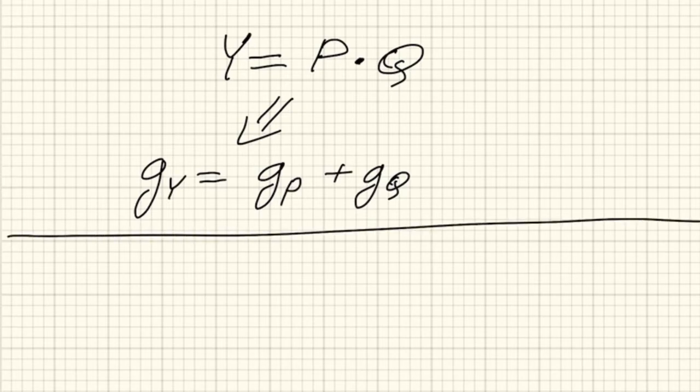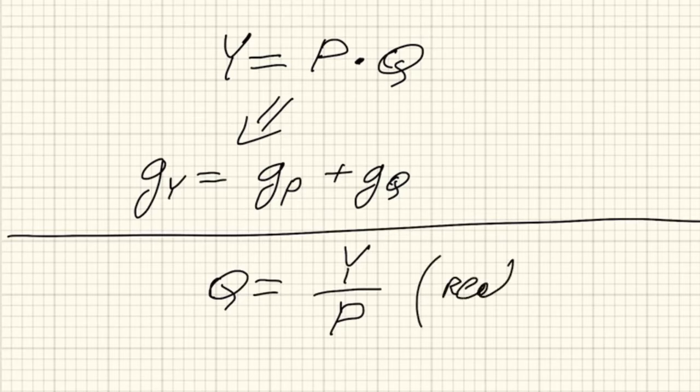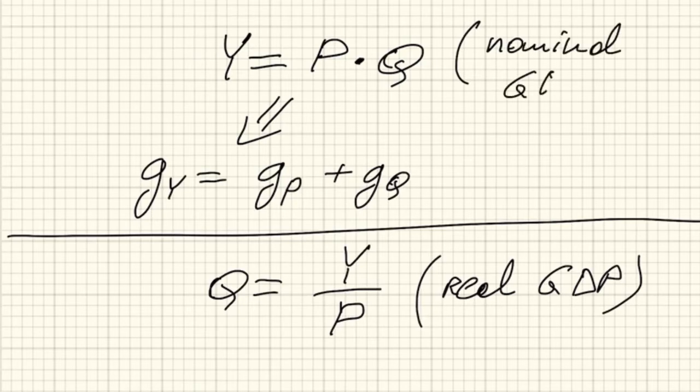Now, you can derive from the top line the real GDP. Real GDP can be written out as nominal divided by the price level. So this is your real GDP, and this is your nominal GDP.